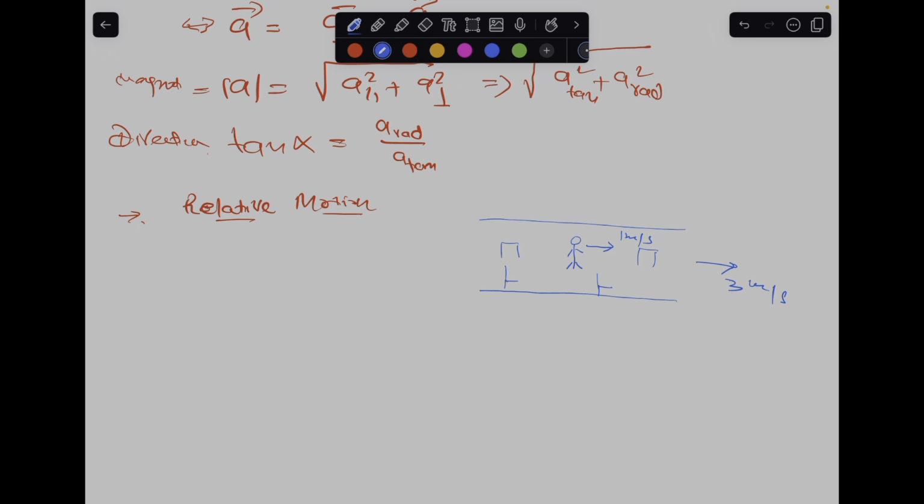So what is the passenger velocity? It looks like a very simple question, but it has no single answer.